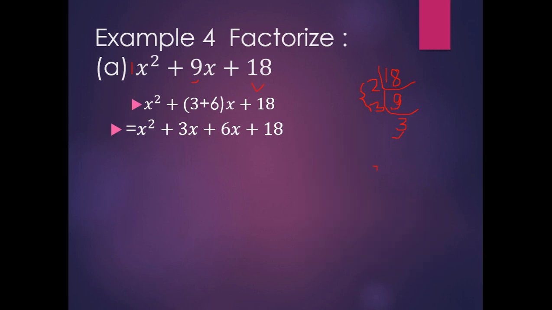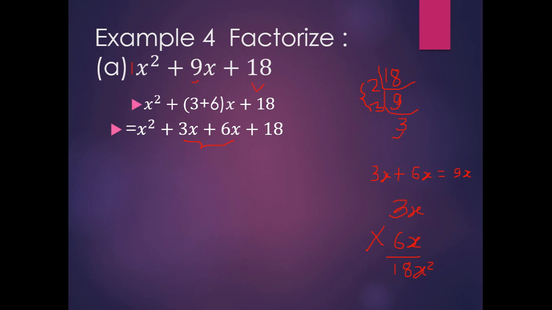So here, adding the middle two terms, 3x plus 6x, we get 9x, and the product of the middle two, 3x times 6x, is 18x square. When we multiply the middle two we get the same result as the first times last.